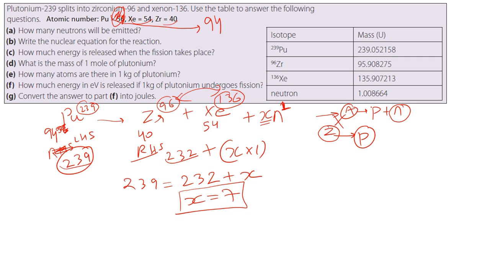They had actually asked the F part in eV, but I gave it in MeV. Is there a mistake? That's fine, MeV is fine. And G part is just the conversion. So I'm getting 6.6 into 10 power 13 joules. Yes, good. That is the right answer.